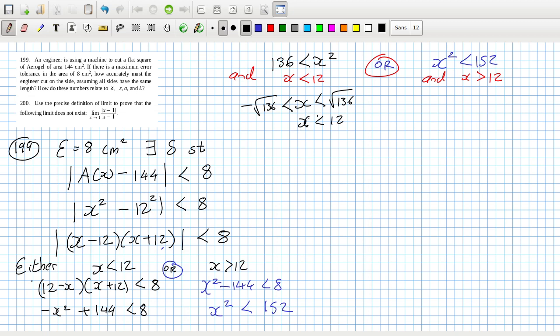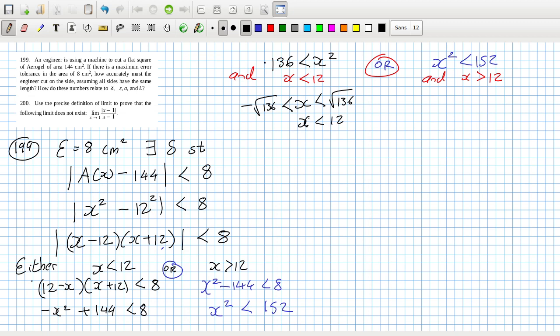So by putting these two inequalities together, something seems wrong here. This seems a bit too big.